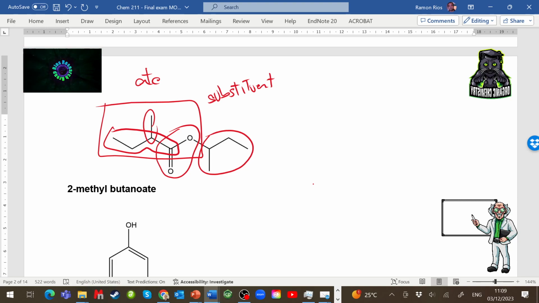Okay? And then what we have to put is the substituent that is this. This is an isobutyl. That means that it will be isobutyl 2-methyl butanol. Okay?